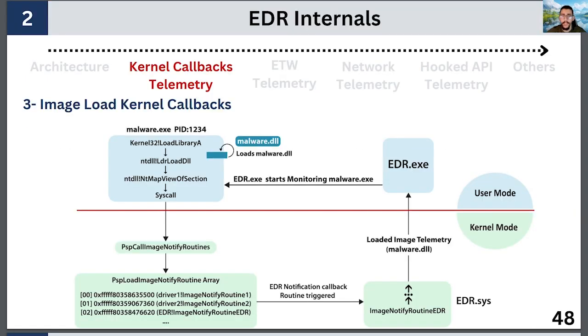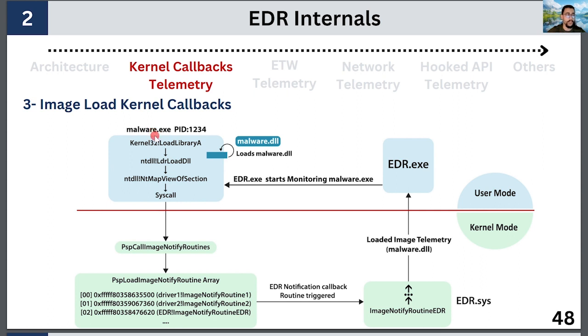This diagram illustrates the execution flow of an image load event that triggers a kernel callback leading to EDR telemetry collection. Process malware.exe with PID 1234 initiates the loading of a new module, malware.dll, into its address space. The image loading flow follows these steps.